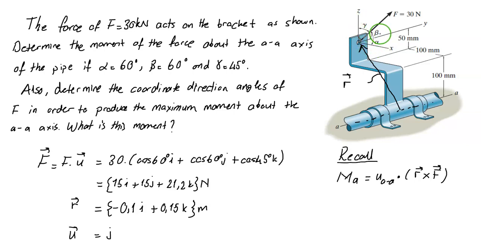So I get beta equals 0. It should be perpendicular to the y-axis, and it also should be perpendicular to the position vector r, which may be regarded as the moment arm.